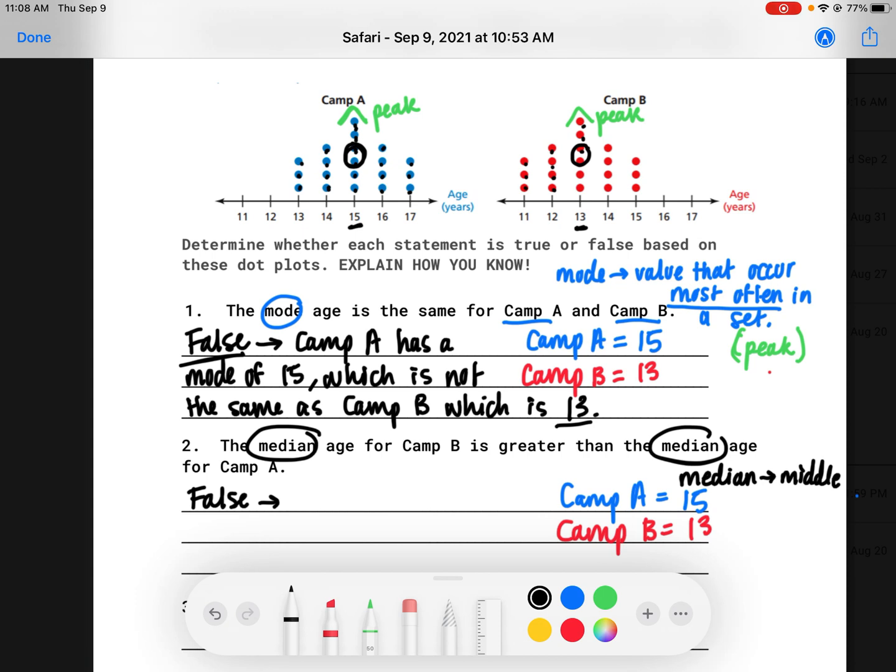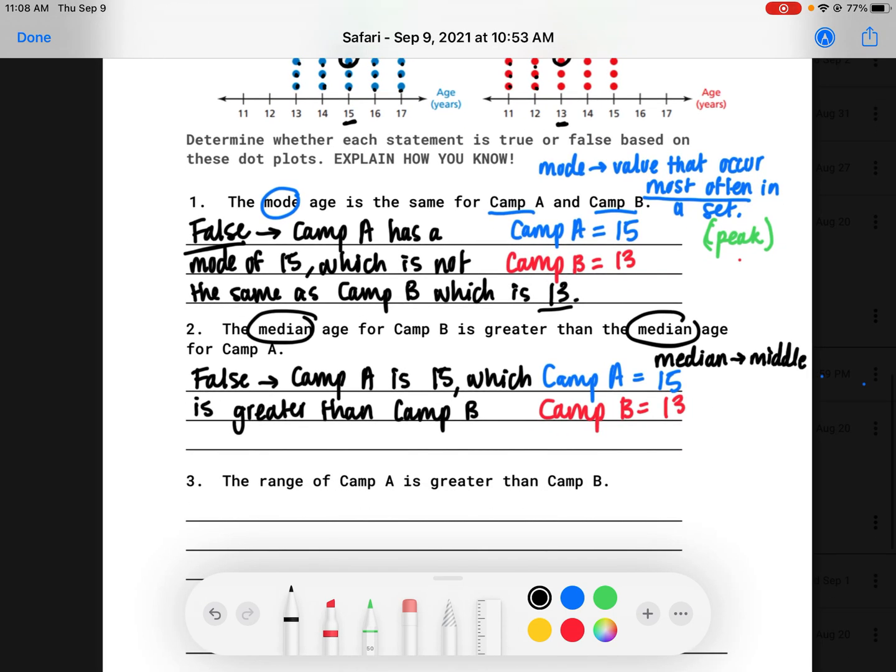So this is false, because camp A is 15, which is greater than camp B, which is 13, sorry. So 15 is greater than 13, therefore camp A is greater, not camp B. So that's false.